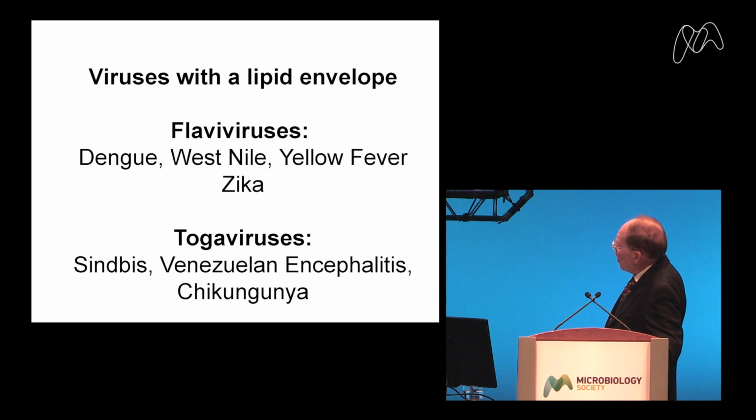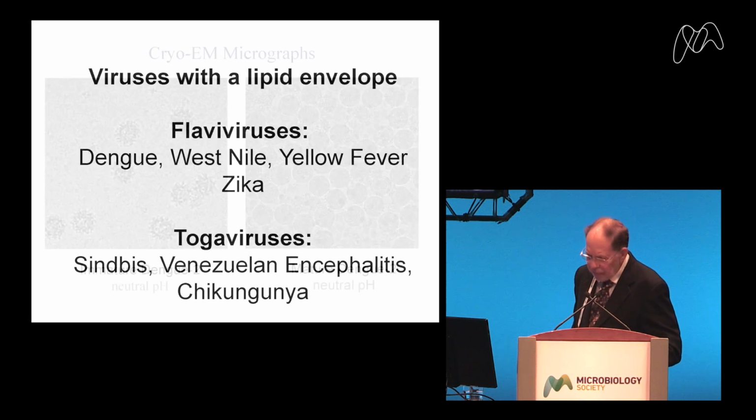Typical flaviviruses, I think, as probably all of you will know, are dengue virus, West Nile virus, yellow fever, and Zika virus. And typical togaviruses are Sindbis and Venezuelan encephalitis virus. And more recently, chikungunya virus has been very much in the news.